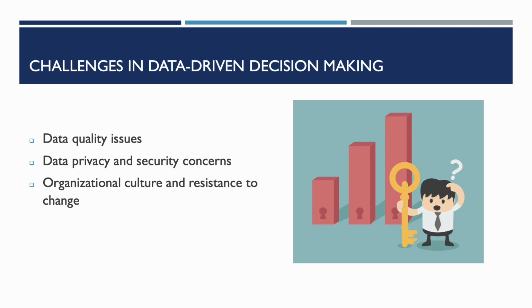Protecting data from breaches and ensuring compliance with regulations like GDPR or CCPA is critical. Failure to do so can result in legal consequences, reputational damage, and a loss of customer trust. So it is very important to have privacy and security for what data you are collecting.